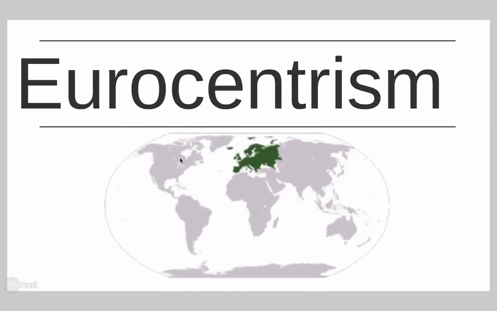Another way to look at this problem, and now coming into concepts that we will discuss throughout the course, is the idea of Eurocentrism. If you analyze the world map critically, you will see that in the center of the map, Europe is represented.